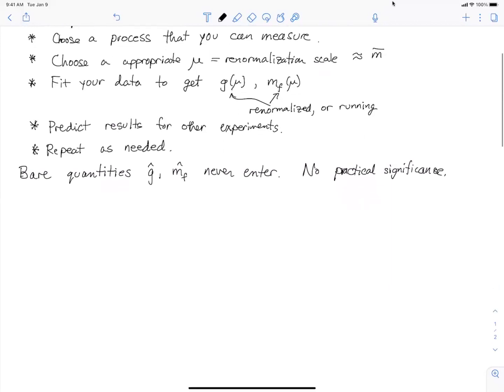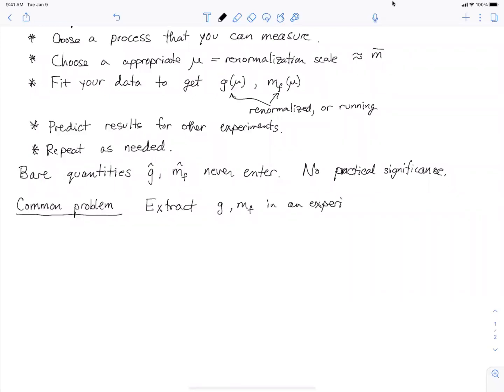Okay, so here's a common problem that one runs into in doing this. Your best experiment might be an experiment that happens at one particular characteristic mass, but then other experiments happen at a different characteristic mass. So you extract your best values of the running couplings, or the renormalized couplings and masses, in an experiment with characteristic mass scale m bar equal to some particular scale, mu0.